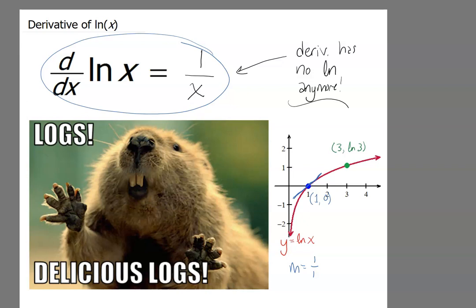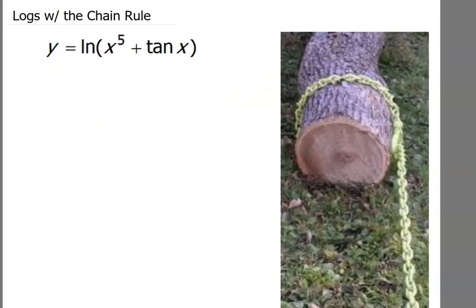At x equals 3, my y-coordinate is this weird number, but my slope is actually a very normal and nice and pretty number. At x equals 3, the slope of this graph is exactly 1/3, which is weird because, maybe just to me, that for a crazy graph that involves this crazy number e, and the graph looks all kinds of weird and it has vertical asymptotes, the slope of this green tangent line is just 1/3. I don't know. I think it's cool.